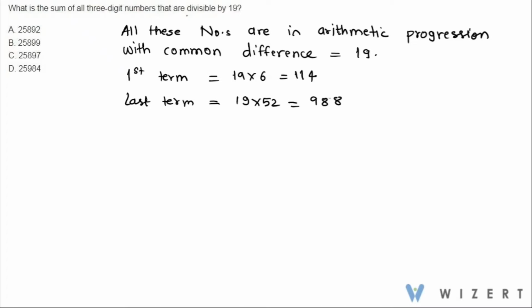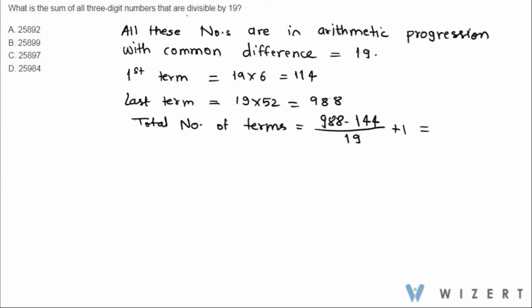Now from these two numbers we can easily calculate the total number of terms here. Total number of terms equal to 988 minus 114 divided by 19 plus 1.